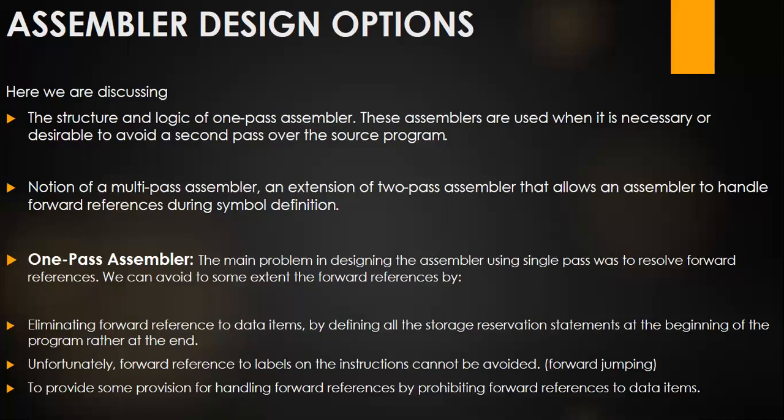Then when you are reading that earlier location, we will not have information about the original value, because the original value is defined in the future, in the next line or maybe after a few lines. So we may not have clear-cut information. So we go for the second pass, where the exact information will be available.